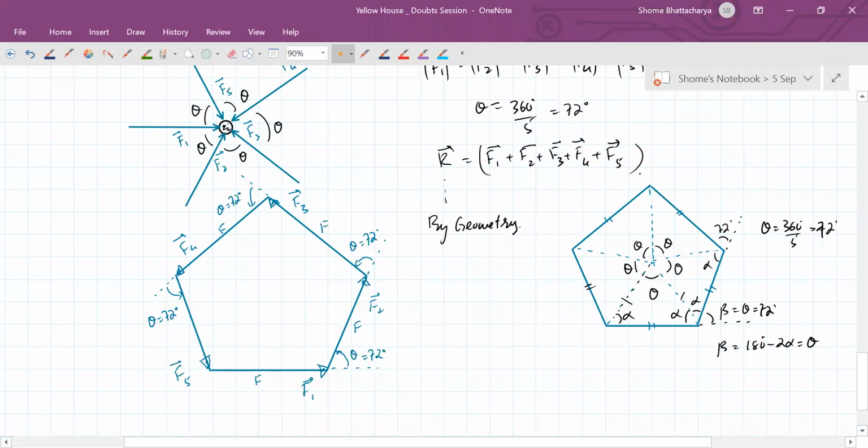So the comparison of the geometry of the regular pentagon with this shows me that it is forming a closed shape. Anyway, you can see in these that alpha is 180 minus theta by 2. So that will be 90 minus 36.